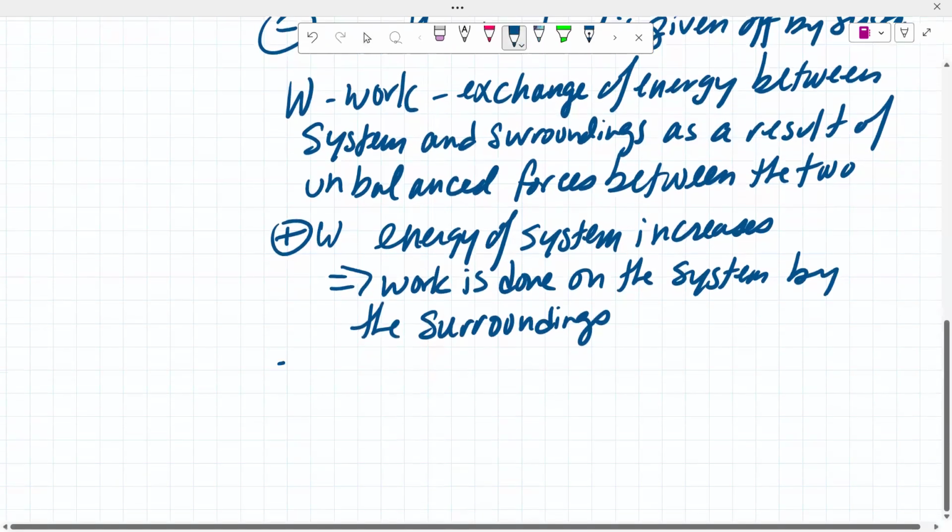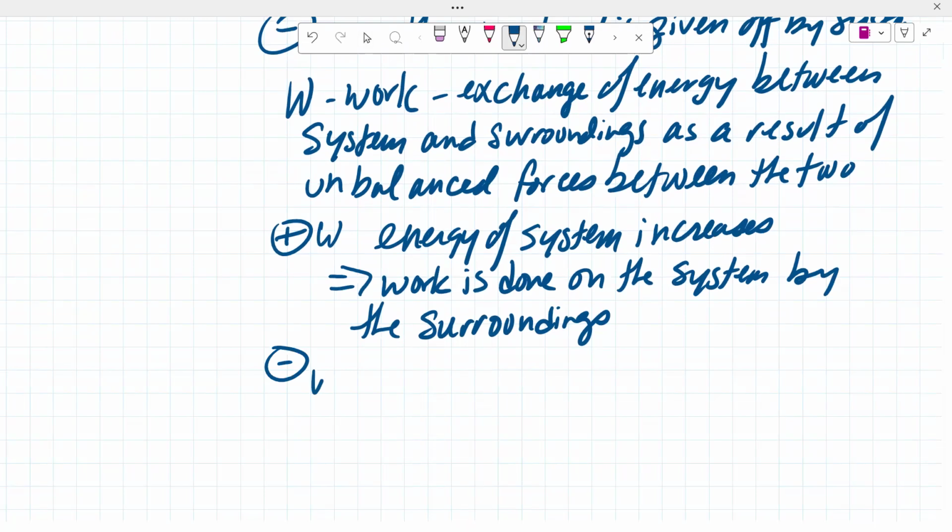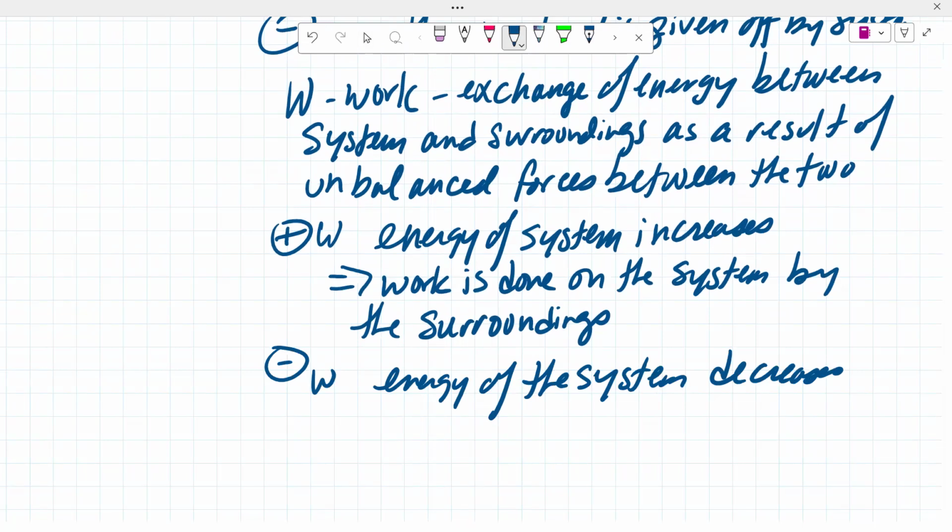And conversely, negative would be energy of the system decreases, and this means the system does work on the surroundings.